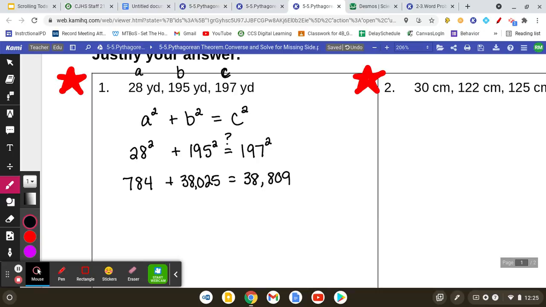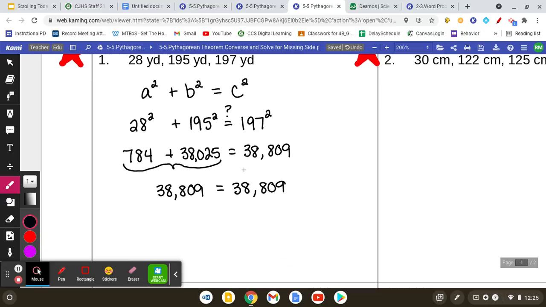So next step, let's add together 784 plus 38,025. When we add those 2 together, we get 38,809, which equals 38,809. Since they equal each other, we can say, yes, this is a right triangle.